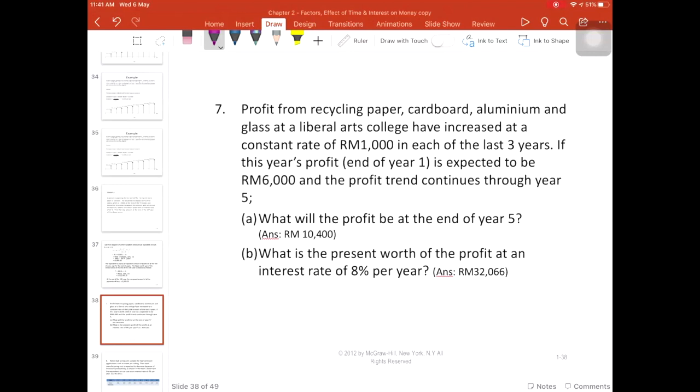Senyap kau. Offkan mic. Part A dengan B.